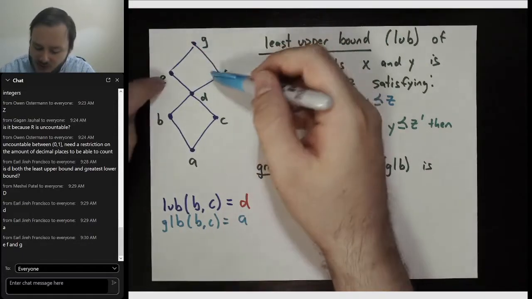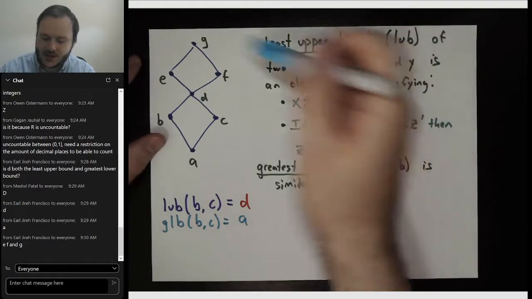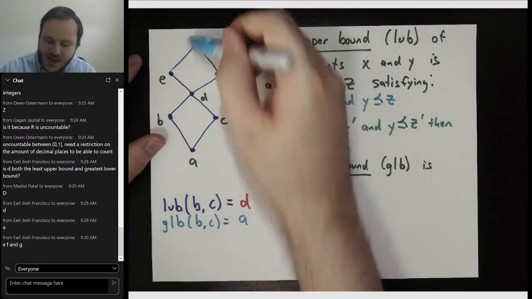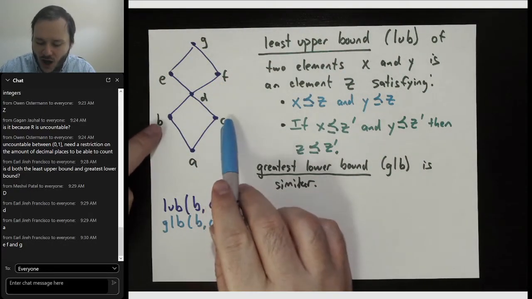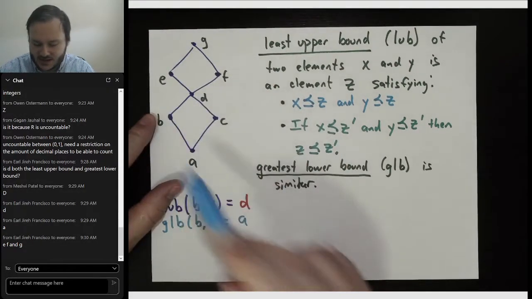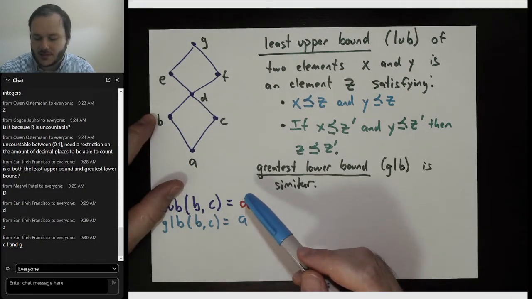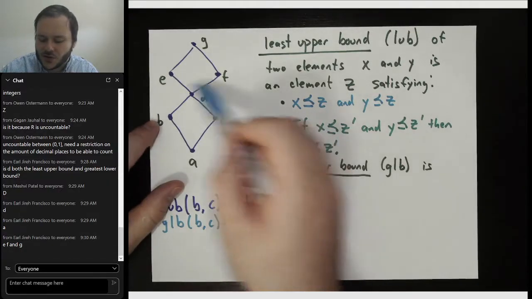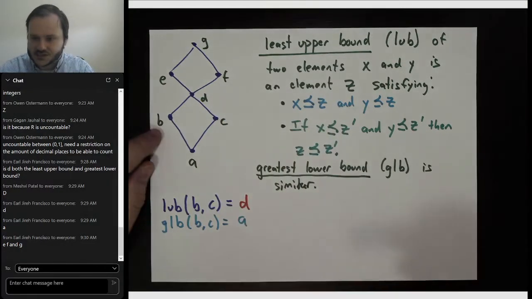G and also E and F. E, F, G, and D are all upper bounds for B and C. Remember transitivity. But the only one that's the least upper bound is D.